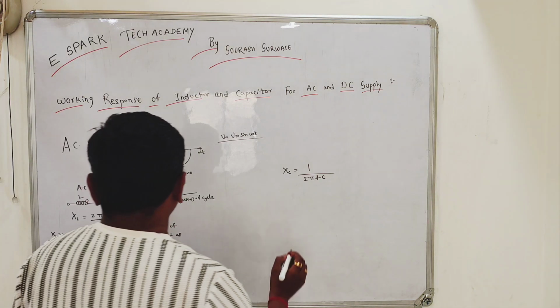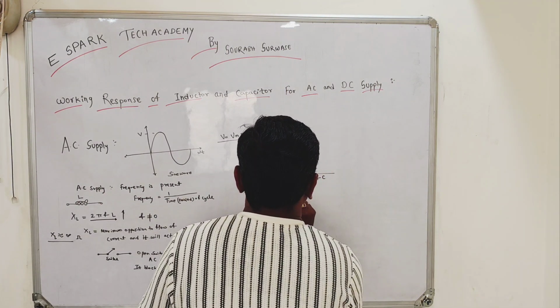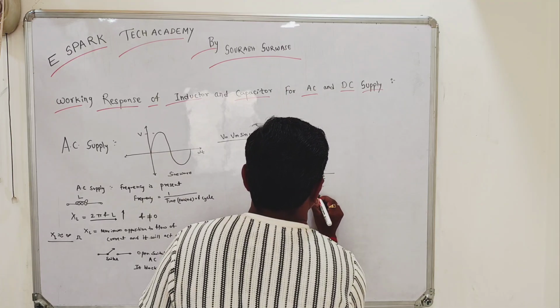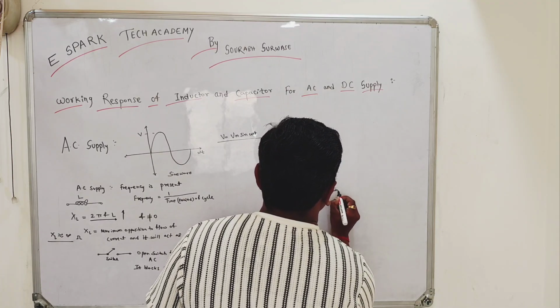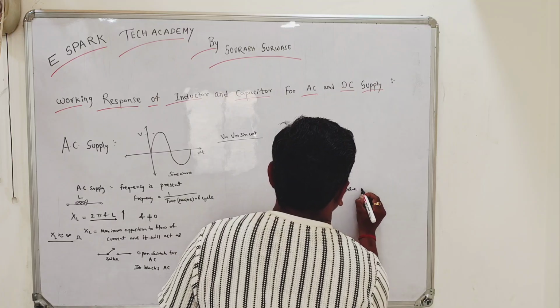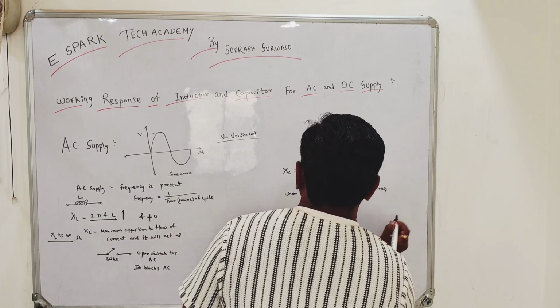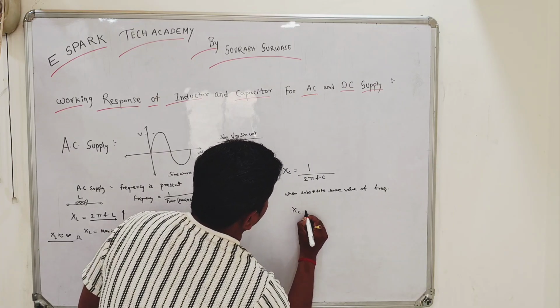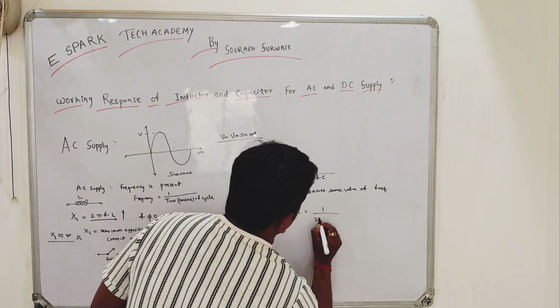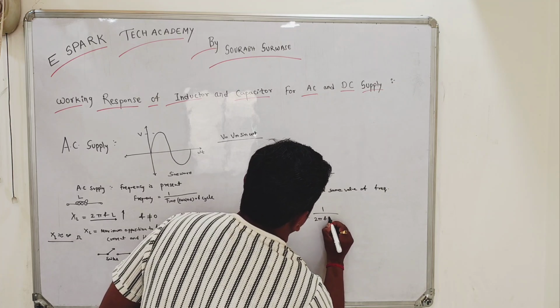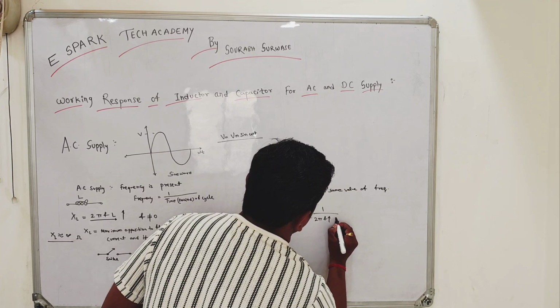Now when we substitute the same value of frequency F, you will get XC is equal to 1 upon 2 pi FC. Frequency will be maximum in this case.